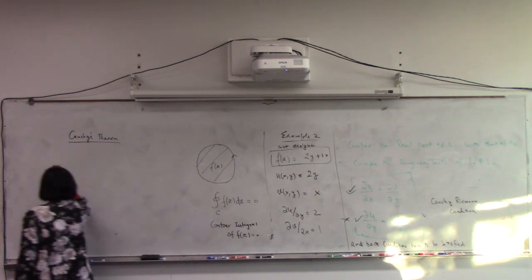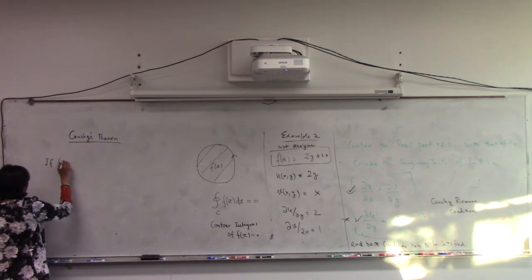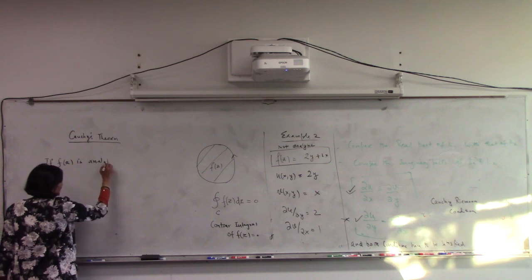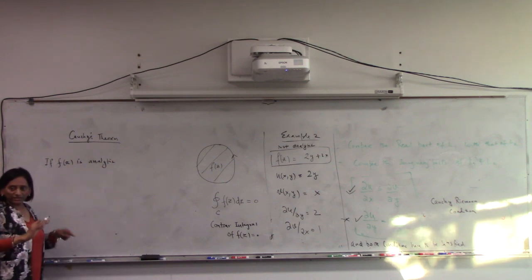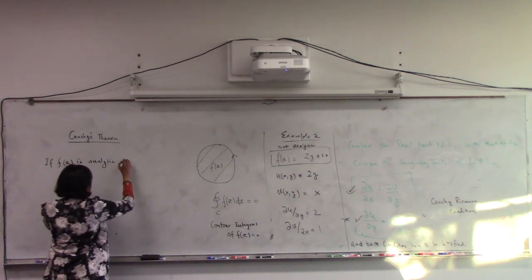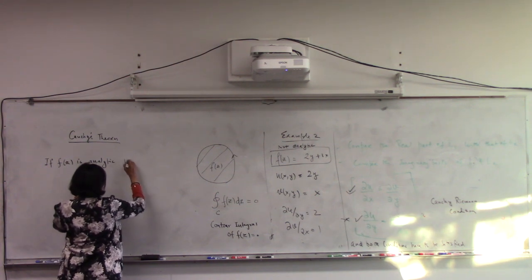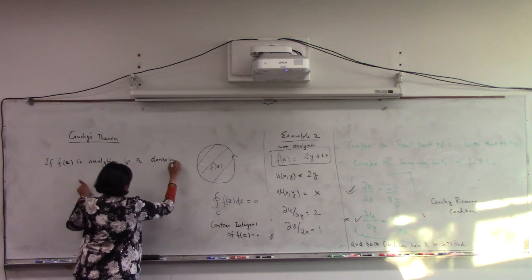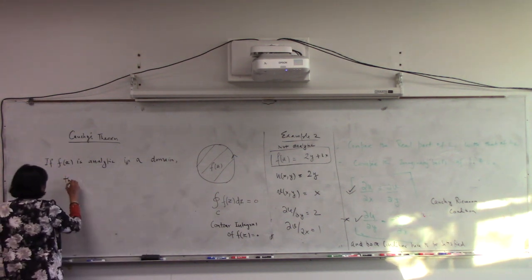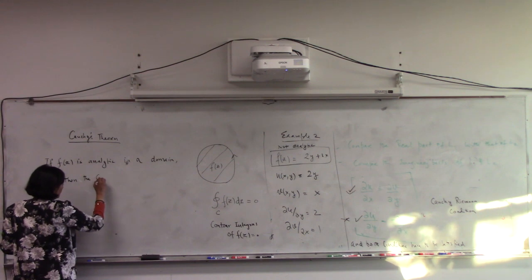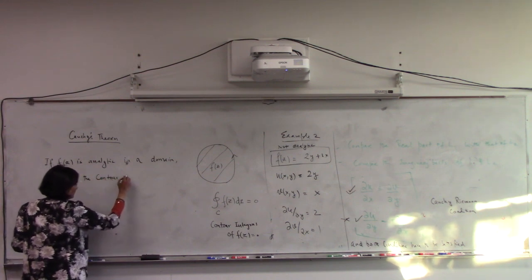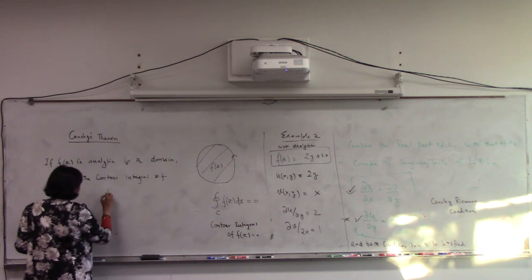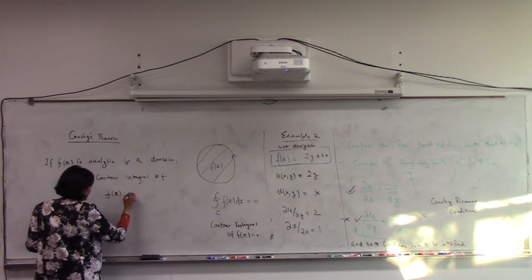So this says if f of z is analytic, that is, it exists and its derivatives also exist, in the domain, then the contour integral of f of z is 0.